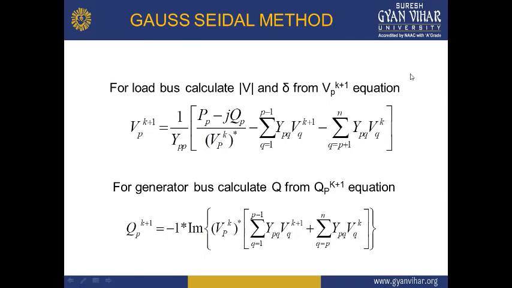Vp at k plus 1 is equal to 1 upon Ypp multiplied by Pp minus jQp, where Pp and Qp are the real and reactive power at the pth bus. Similarly, Ypp is the self admittance of the bus, and Ypq is the admittance of the transmission line from bus number P to bus number Q.